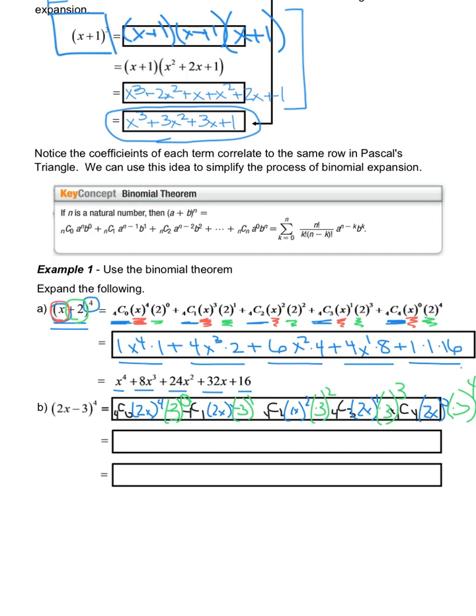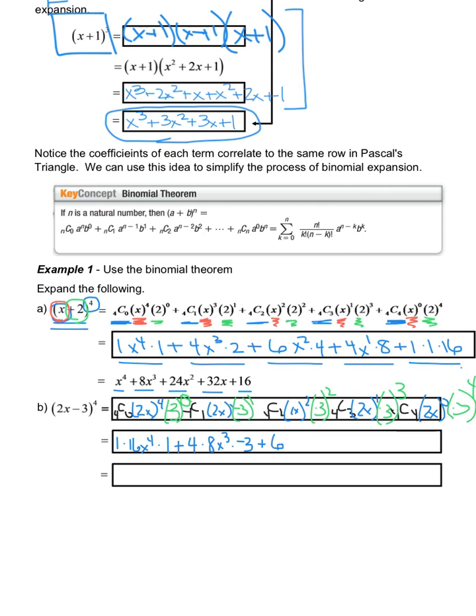All right, then at this point, you can go through just like we did up above and figure out each combination. So we know it's 1, 2x to the 4th is 16x to the 4th, negative 3 to the 0 is 1. Then we have 4 choose 1, which is 4. We have 2x to the 3rd, which is 8x cubed. And then negative 3 to the 1st is negative 3. 4 choose 2 is 6.